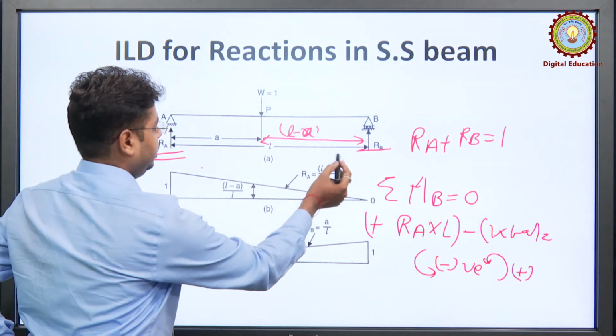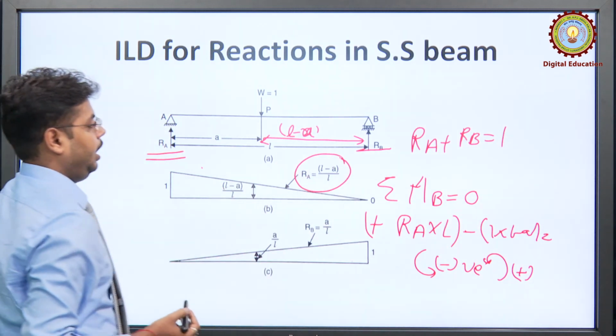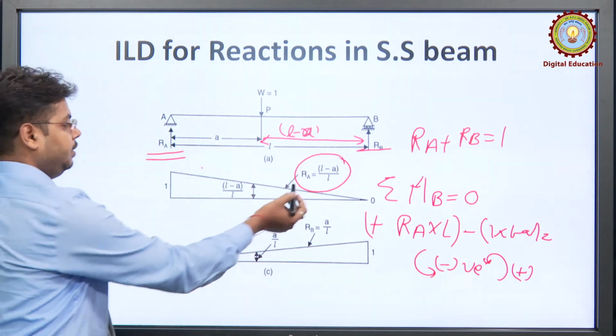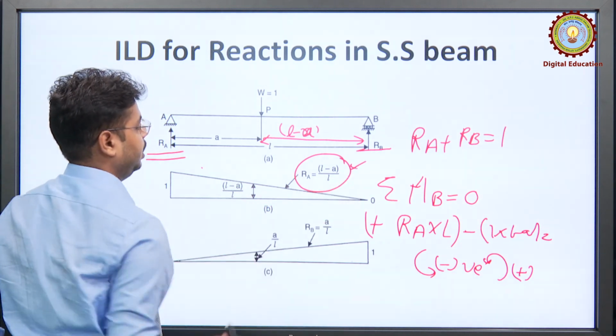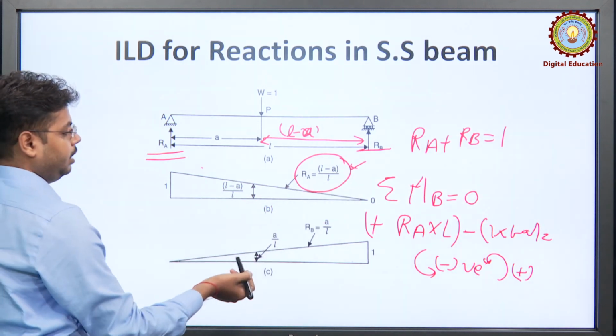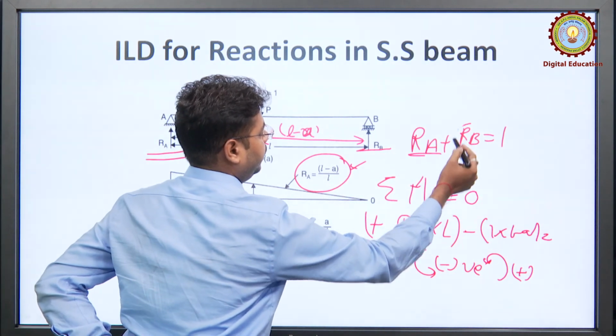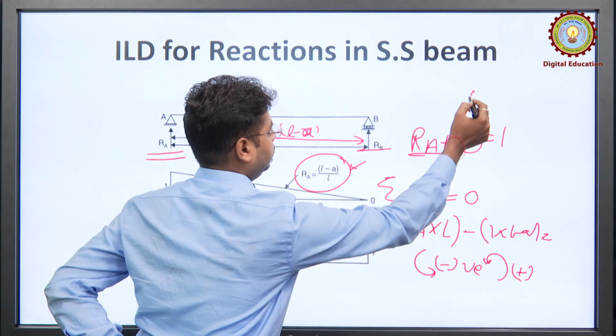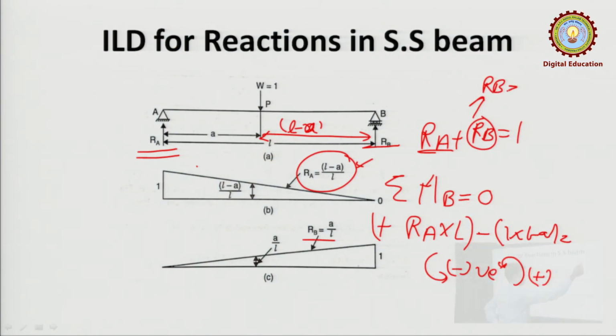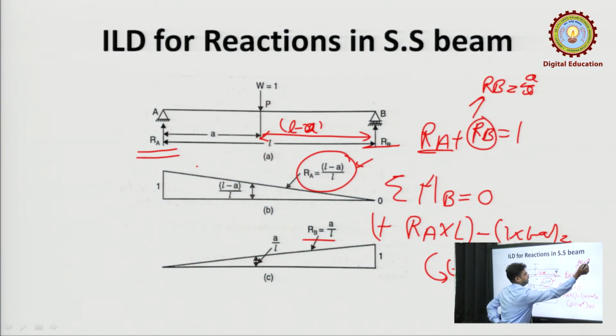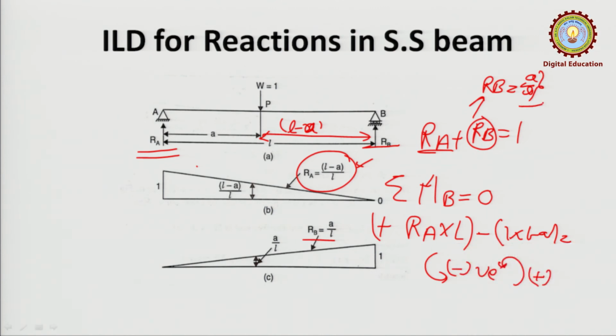RA is L minus A upon L. Similarly, we can find RB by putting the value of RA here. RB is equal to A by L.